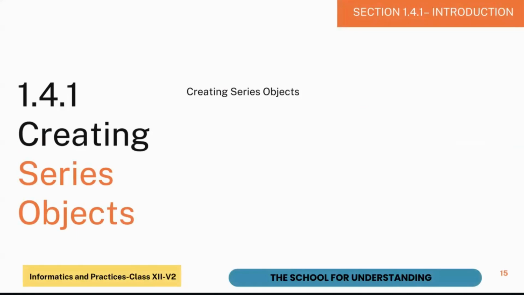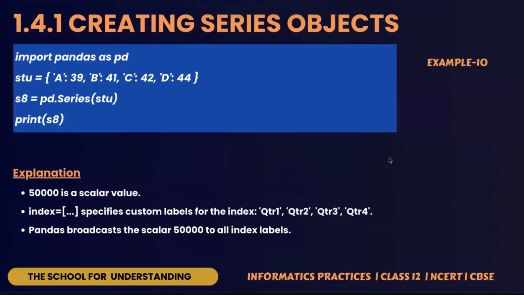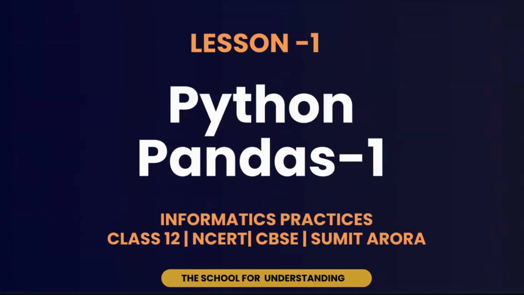Next we focus on how we are going to create series objects, how we can create this series data structure. So we have 10 exercises. Starting with the exercises first, I will then come back to the theory so that the theory will be very easy.